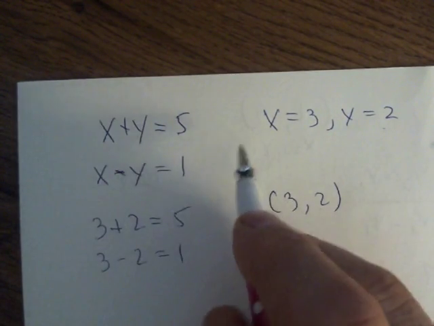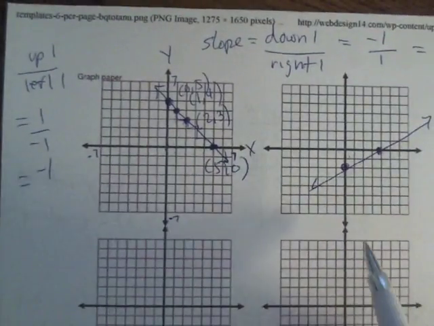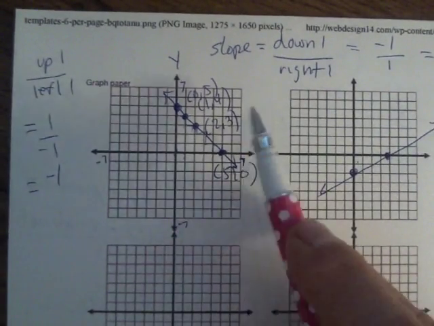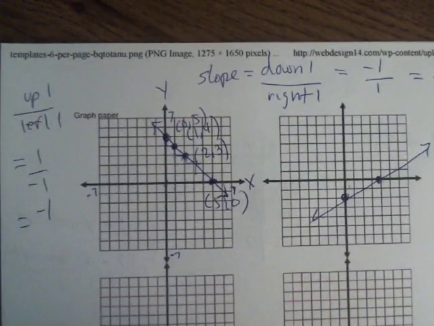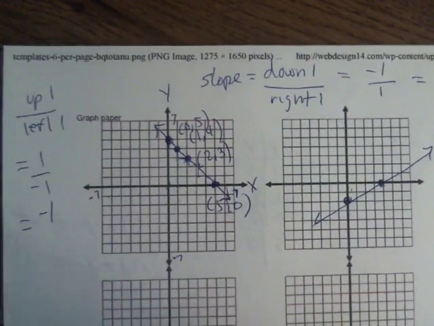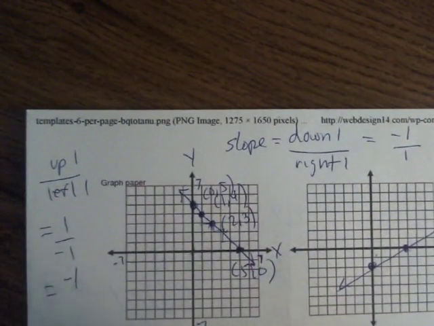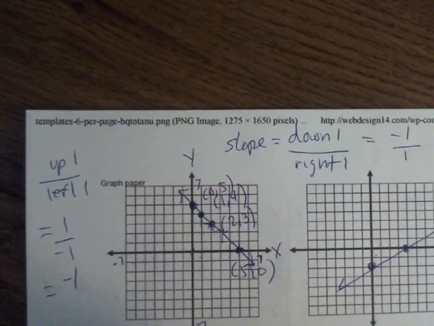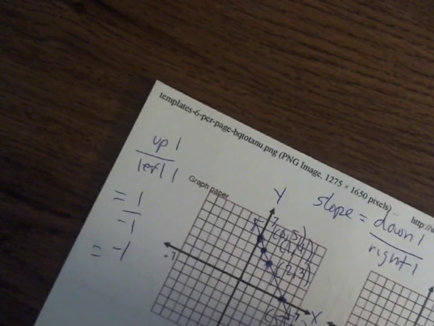If I graph this, this is the point they would cross at. This was the one we graphed with x plus y equals 5, so that is this line.